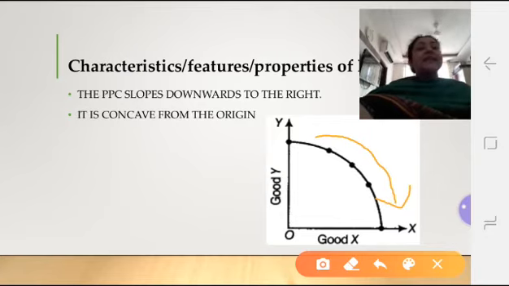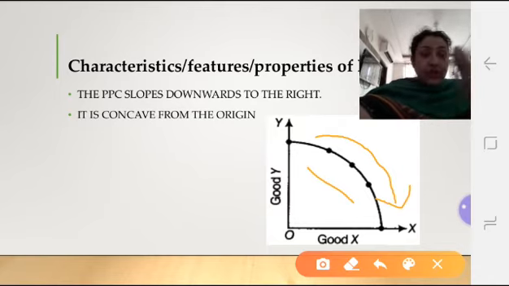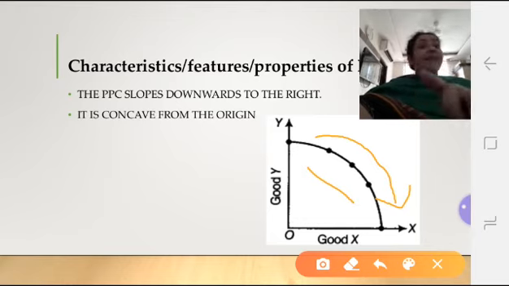Next is, it is concave from the origin. Now, why is it concave from the origin? As you can see the shape, this is the general shape of PPC. Why are we having this type of shape? The reason is increasing MOC.